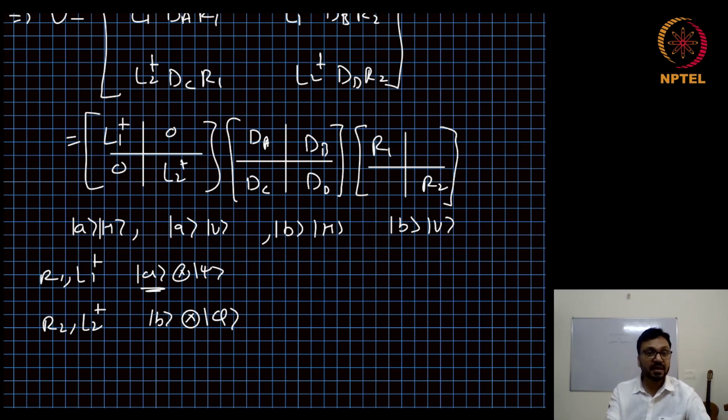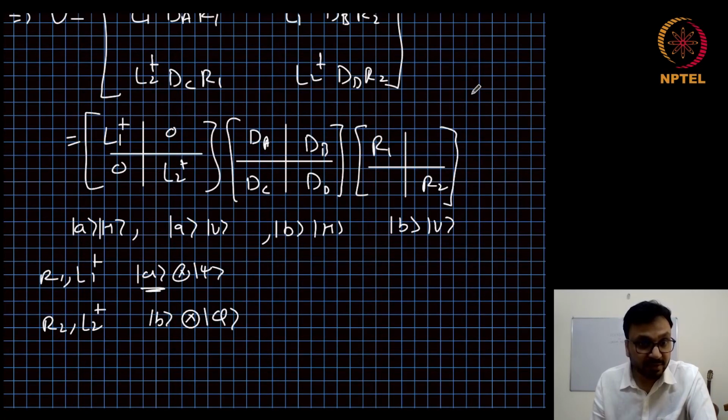So these L1, L2, R1, R2 are the unitary operators acting on the polarization states of light, but when they are in a specific path. So R1 and L1 will act on polarization when they are in path A, and R2 and L2 will act on polarization when they are in path B. So these are operations acting only on the polarization qubits, but in a specific path.